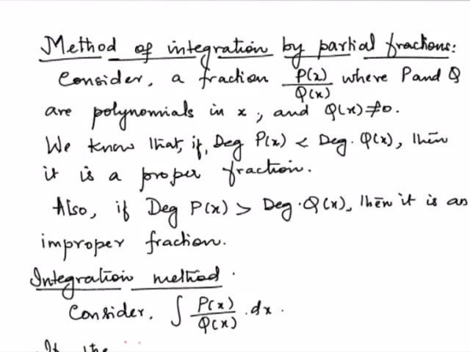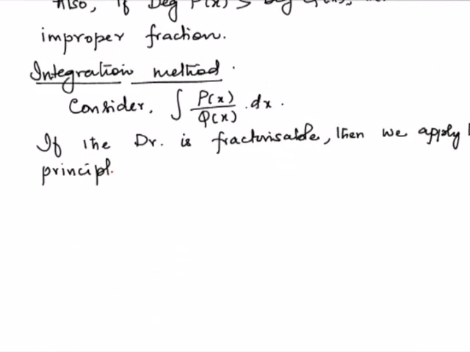And we can proceed with partial fractions only if the denominator is factorizable. Yes, so if the denominator is factorizable, only then we have the liberty to apply the principle of partial fractions. Now there are various types in which we can adopt this. So let us see them one by one.